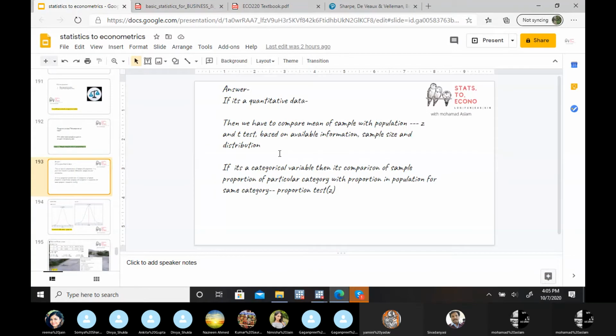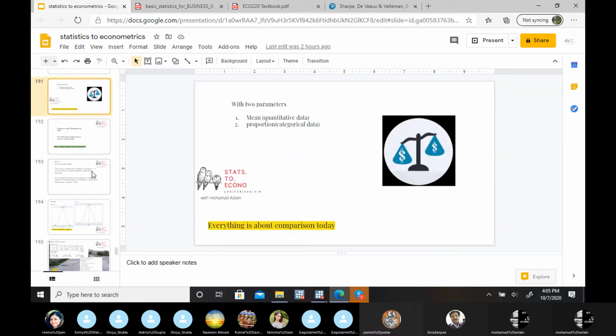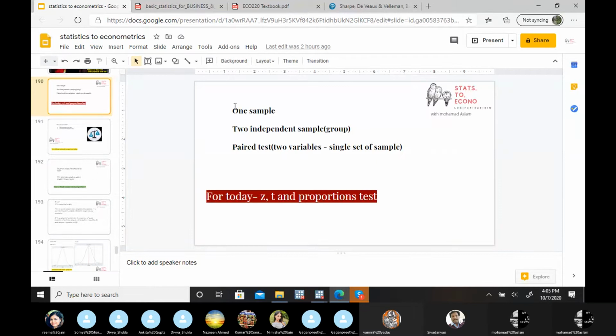Available information here means whether you know the population standard deviation or not. If you don't know the population standard deviation and your sample size is small, use T test. So this is a case of one sample test. So we did this first case, one sample Z, T, and proportions.